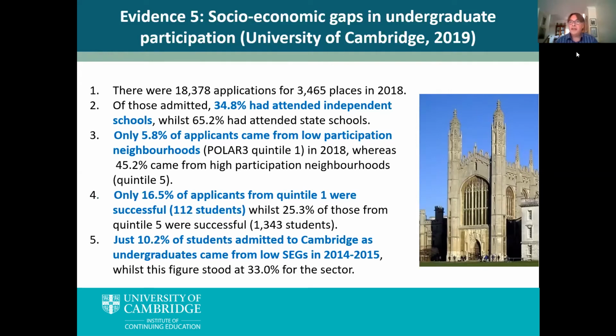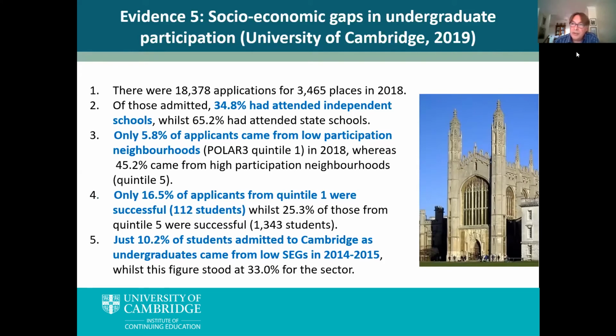Now, I don't think these figures for Cambridge are particularly surprising or particularly remarkable, and they're publicly available. But I do think we have to start to acknowledge what the university is trying to do about this situation. So, for example, I'm giving you a presentation today organised through the Institute of Continuing Education.